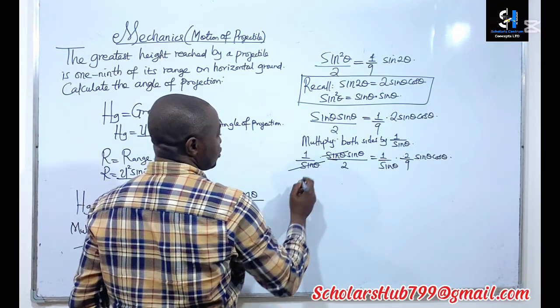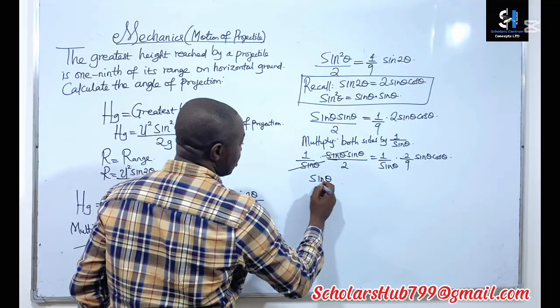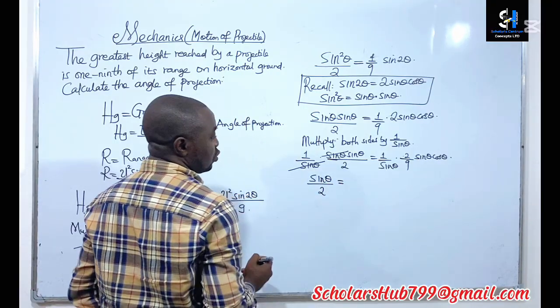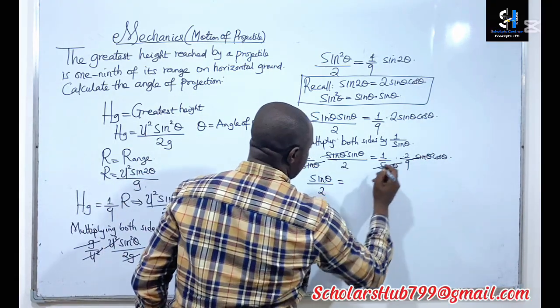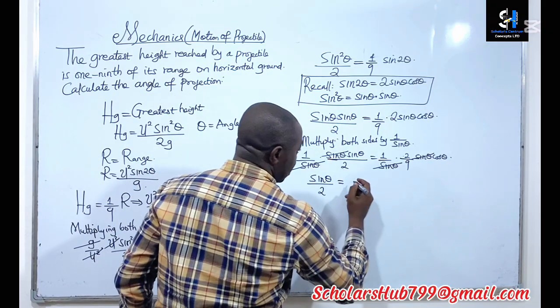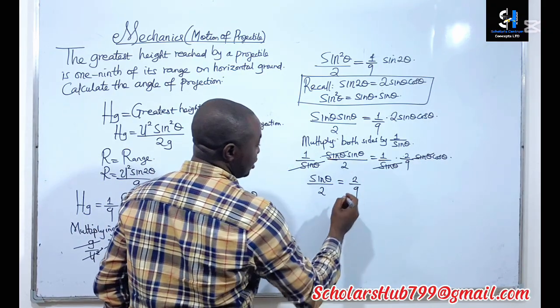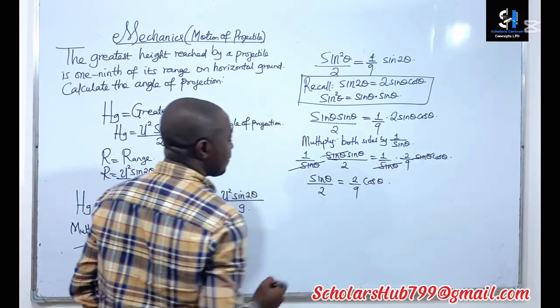So sin theta will cancel sin theta. So this will be sin theta over 2 equals, sin theta will also cancel sin theta in this case, and that will be 2/8 cos theta.